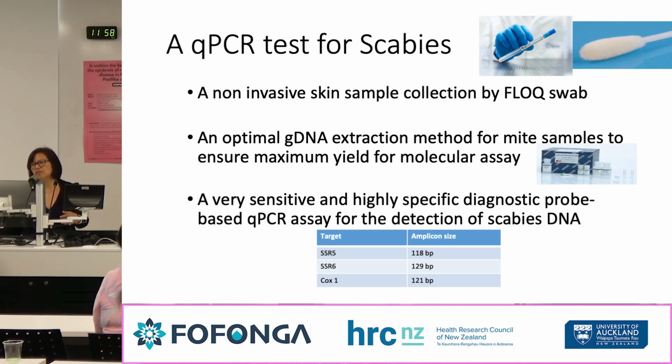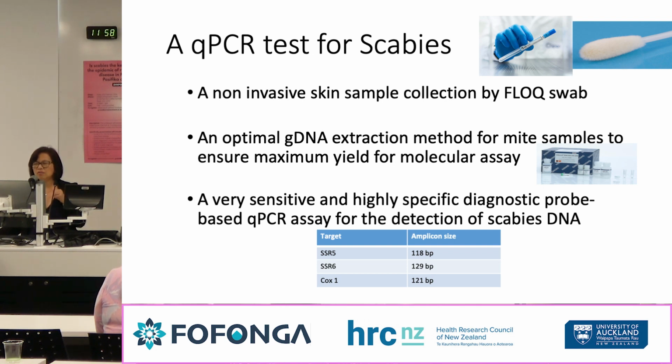So what I have optimized is to instead use a flock swab. The COVID swab is like your cotton swab, but this is bristled. There are bristles on here such that it increases the density, or your chances, of getting the mite material.